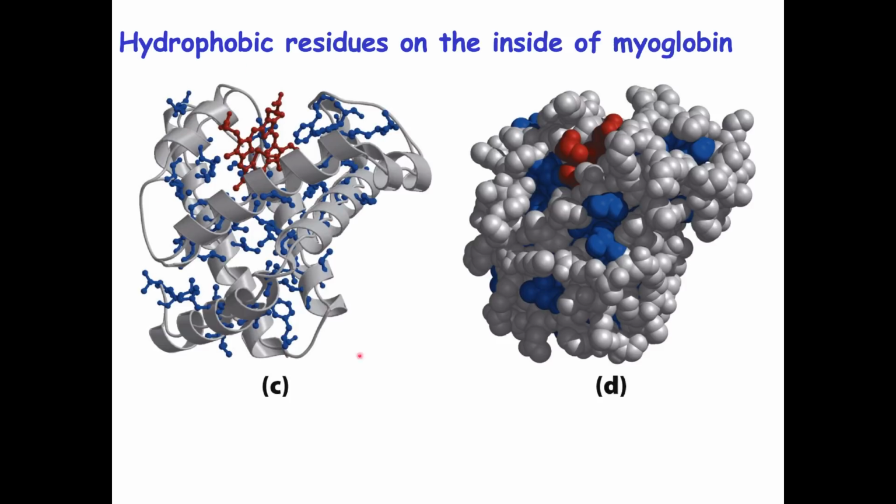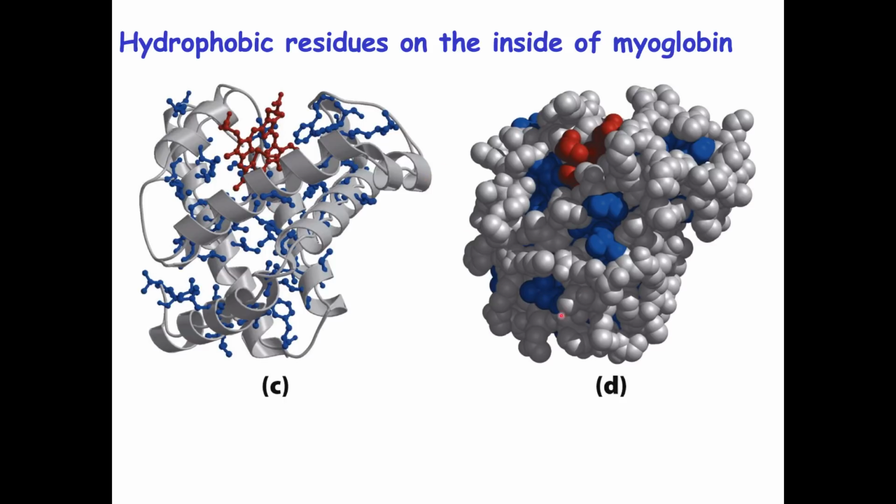This also highlights some important forces that are involved in the stabilization of hemoglobin or myoglobin. And what we see here is that the hydrophobic residues are on the inside of the molecule. These hydrophobic residues are shown in blue. They tend to be inside the molecule.